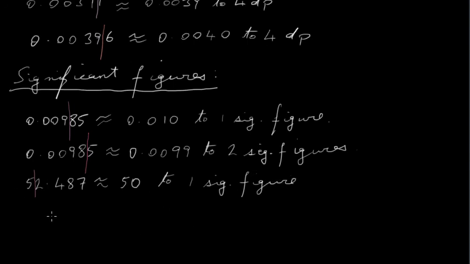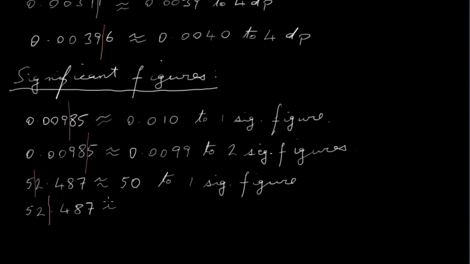If we want to round it to two significant figures, we would write down 52.487, and let's just draw a line down here. We have 52, 5 is a significant figure, 2 is a significant figure. These are our two significant figures. So this is where we're going to stop. Look at the number on this side of the line, which is a 4. That's a 0, 1, 2, 3, or 4, which means that 2 doesn't change.